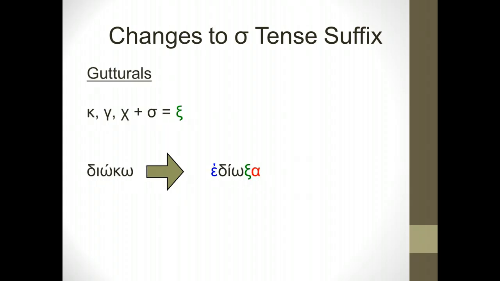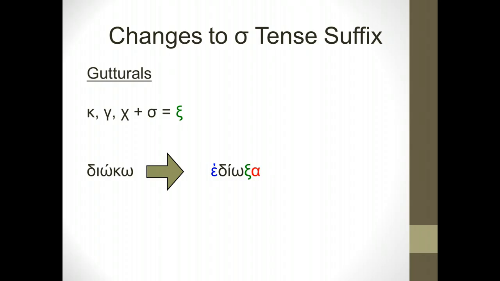With our gutturals, that is the consonants that we say where the noise comes from the vibration in our throat, we have our kappa, our gamma, and our chi. When we add a sigma suffix to the end of a stem that ends with those, it ends up with the letter xi.